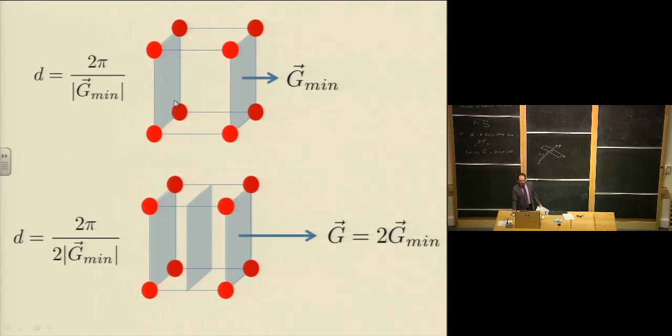Here we have a set of planes defined by some reciprocal lattice vector, which I'll happen to call G min. And here we have a set of planes defined by twice that reciprocal lattice vector. The spacing between the lattice planes is half as big, because the spacing is always 2 pi over g. You'll notice that in the second picture, we have a plane which is defined by this reciprocal lattice vector g, which doesn't intersect any lattice points.